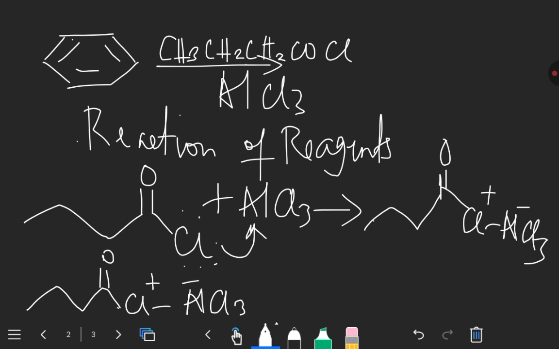So this now will leave. This has been made a good leaving group, and it is going to leave. Once it leaves, it is going to form this structure like that. So we have our oxygen, of course, with lone pairs, and it will have a positive charge because this group has left, so it will remain with a positive charge like that.